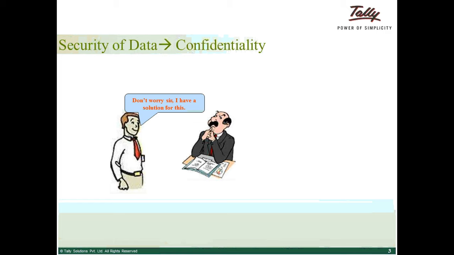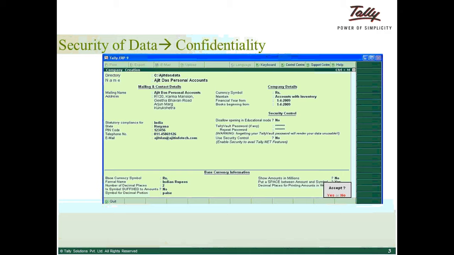For this, we have a solution, that is the Tally Vault password. When you create a company, you get the facility to create and store your data on any media of your choice. This is the directory path where you are supposed to create the data, and the Tally Vault password. I will show the same in the product. If you get any doubts in between, kindly reply to chat so that I can clarify your doubts.